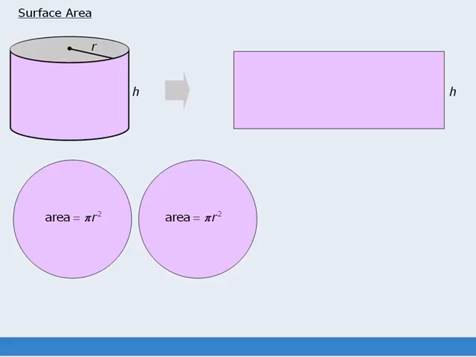Well, notice that when we unroll the curved part, the circumference of the circle becomes the length of this side of the rectangle. As such, the length of the rectangle's base is equal to the circle's circumference, which is 2 pi r. So the base of this rectangle must have length 2 pi r.